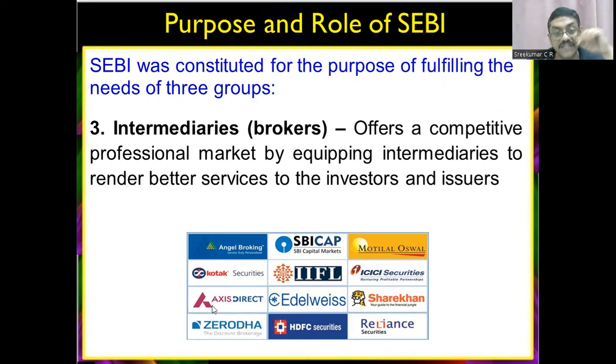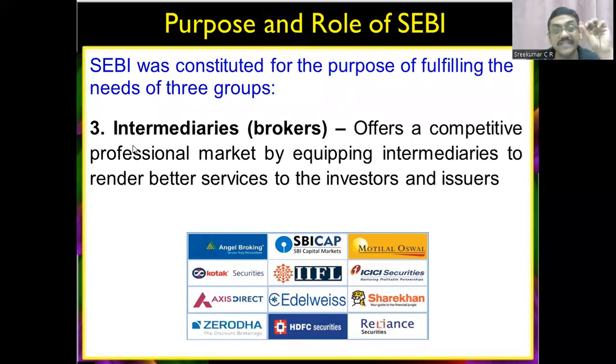You can see these names here: Angel Broking, Kotak Securities, Zerodha, Sharekhan. Zerodha is one of the best share brokers in India, for your information. Edelweiss, Motilal Oswal, SBI Cap, Angel Broking, Reliance Securities. These are all brokers, children, intermediaries.